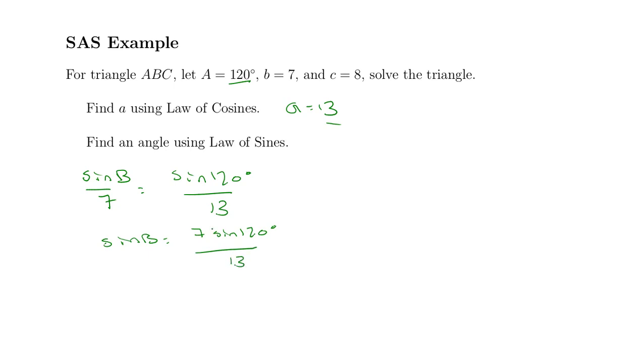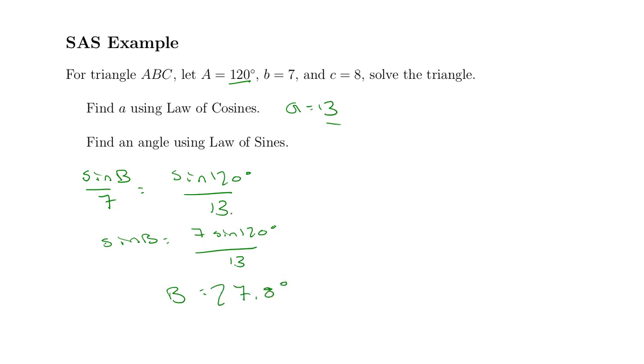And then I can find out what B is by doing the inverse sine of all that stuff. So let me just write that out. Inverse sine of 7 sine 120 degrees over 13. That's going to give me 27.8 degrees.